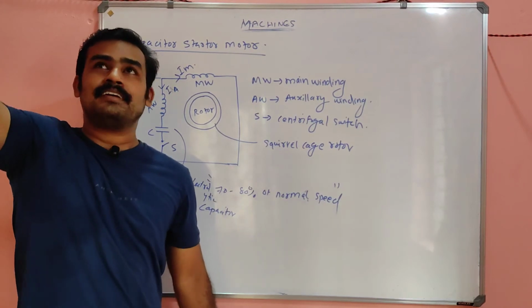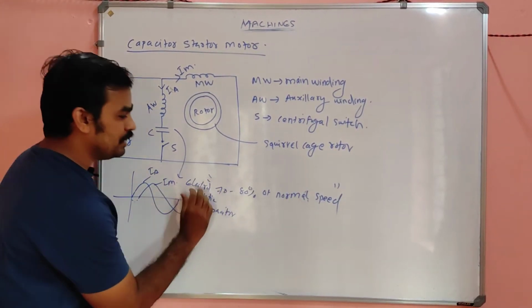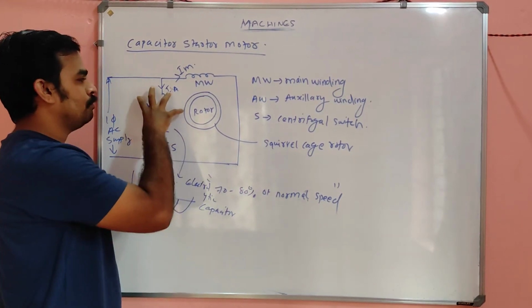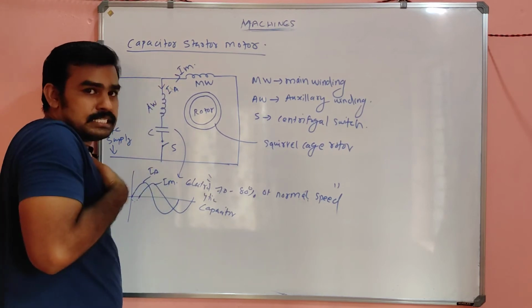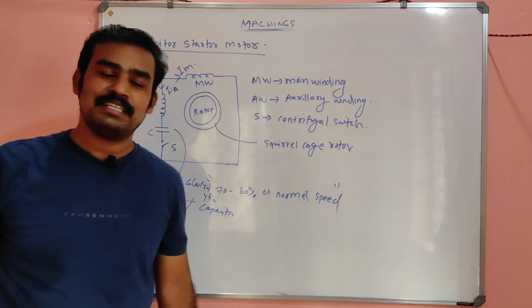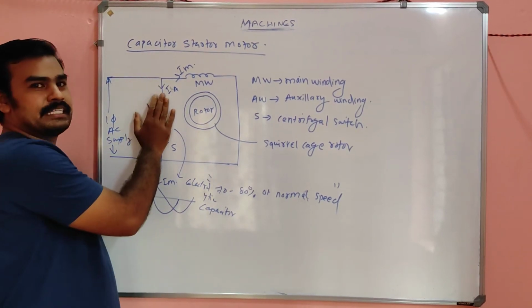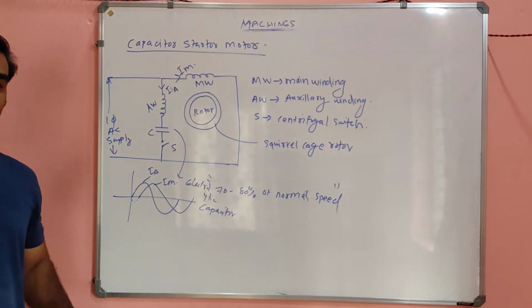You switch on, and it will catch up, because that 70 to 80% of the speed normally provided by the auxiliary winding is now provided by us. But you can't do this every time, so we have to simply replace the capacitor, and it will work as smoothly as before.